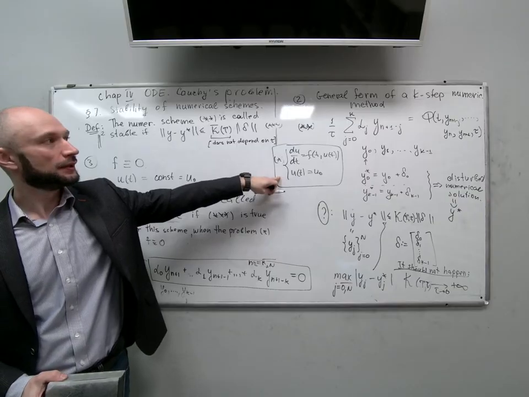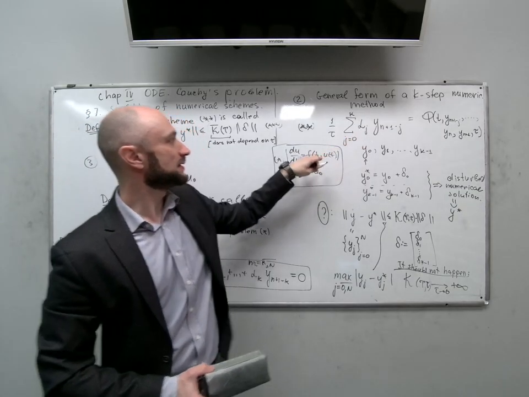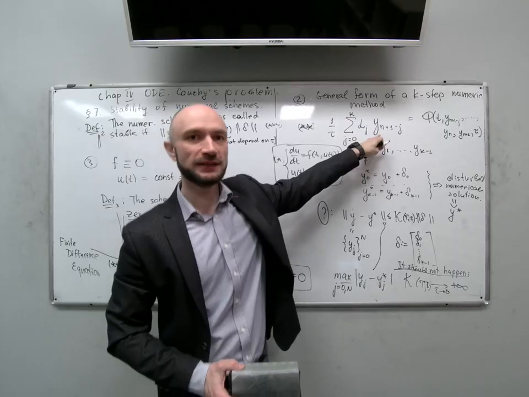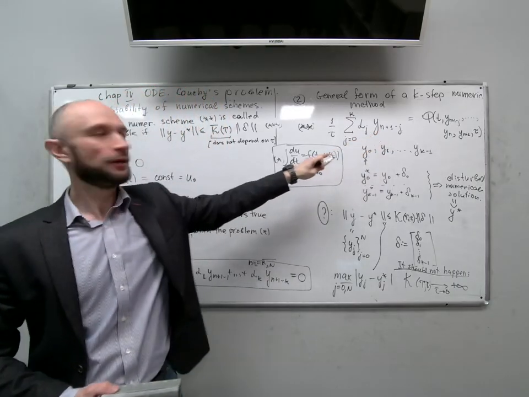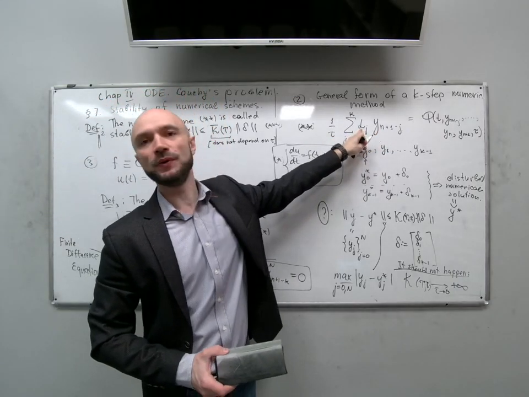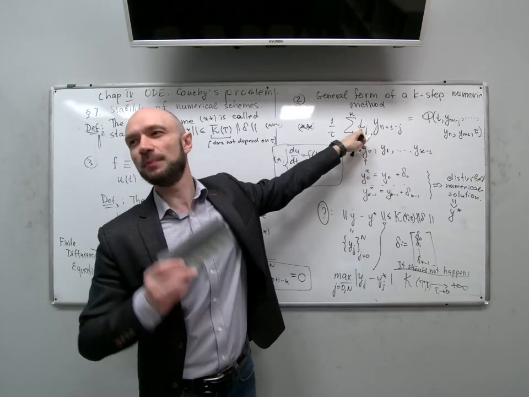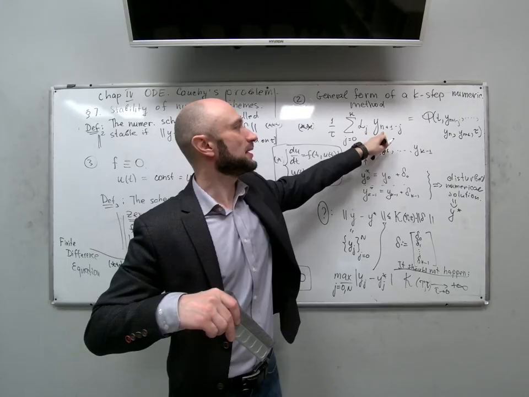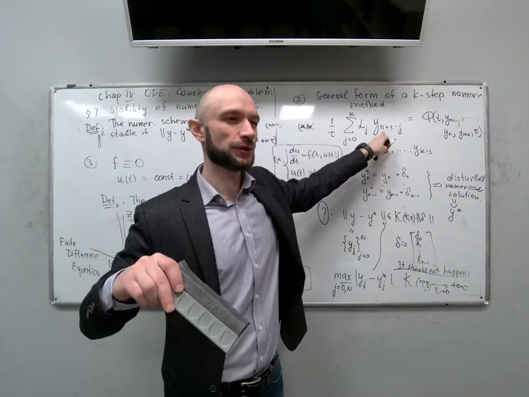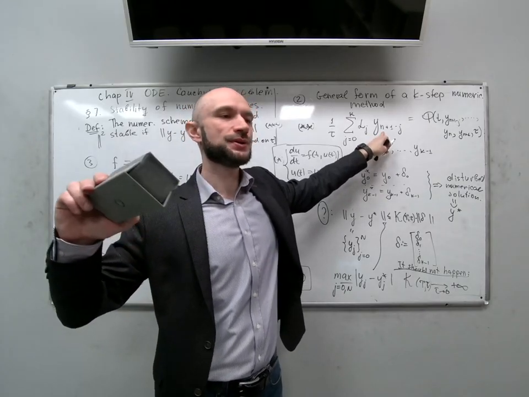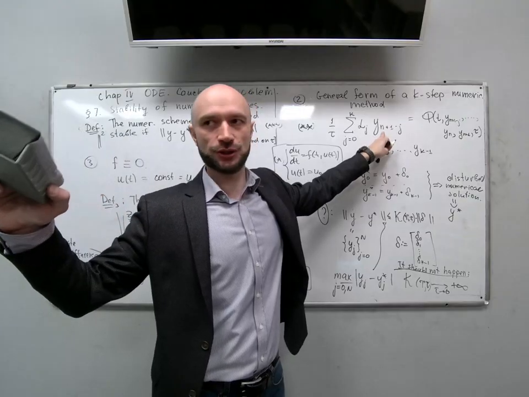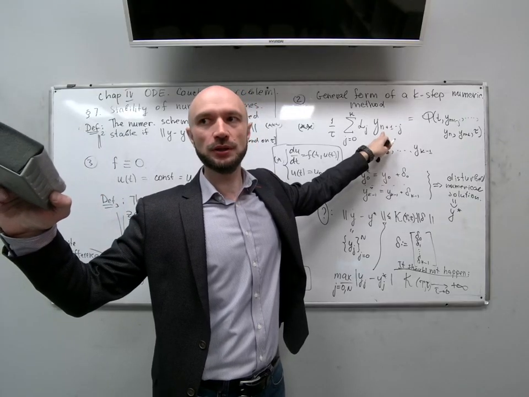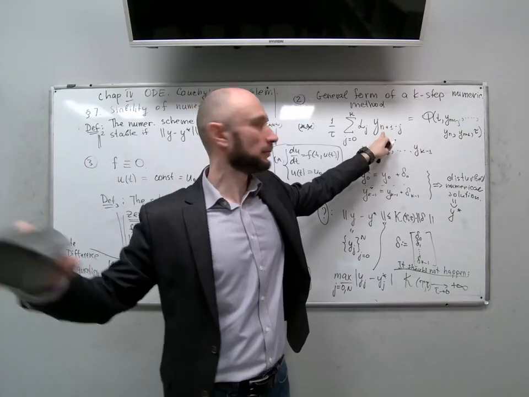This scheme approximates the derivative using a finite difference relation. These are some coefficients that define a particular scheme that we are using, some numbers. And these are the values of our unknown function at the points of the time mesh, at some moments of time.